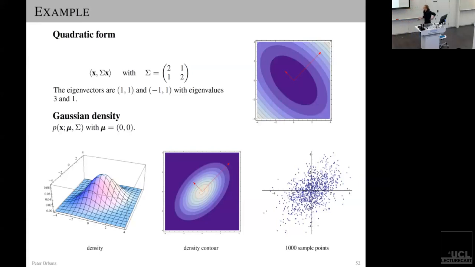Now what does this mean in terms of samples? That is something we already briefly looked at last time. If I draw a sample from this Gaussian, then I get a cloud whose shape resembles these contour lines. We just want to figure out how exactly these contour lines and these relate to each other.